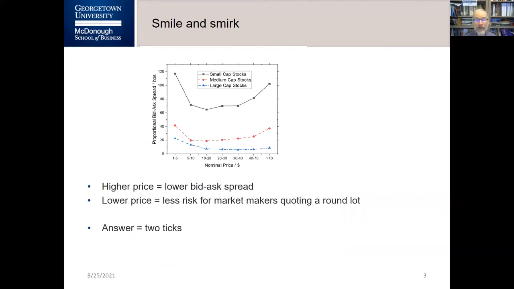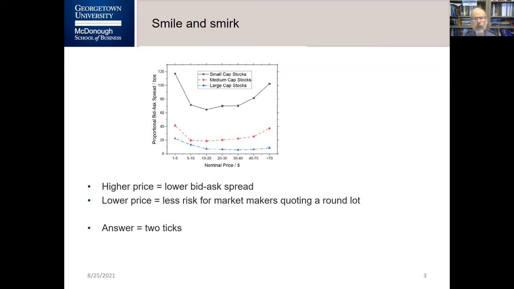One of the nice graphs in the paper is what I call the smile and smirk graph. On the bottom axis, we have the nominal share price. And on the vertical, we have the proportional bid-ask spread. And what do we see? We see very low price stocks have high spreads, very high price stocks have high spreads, and there appears to be an optimal somewhere in that smile.